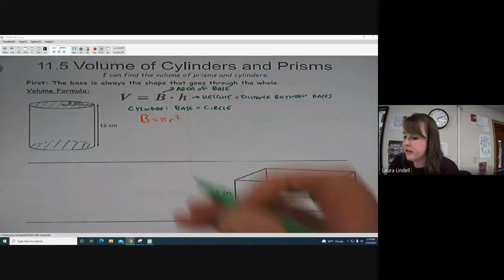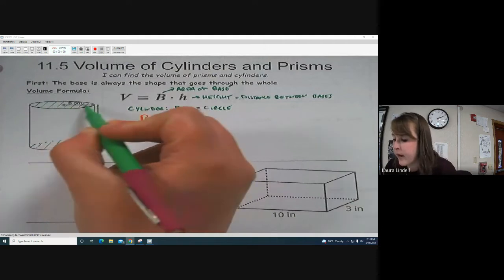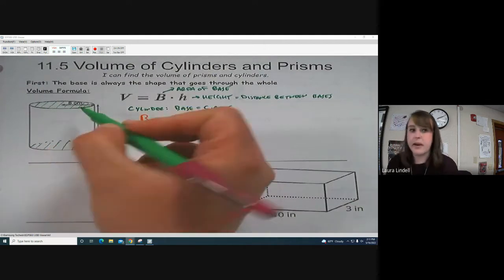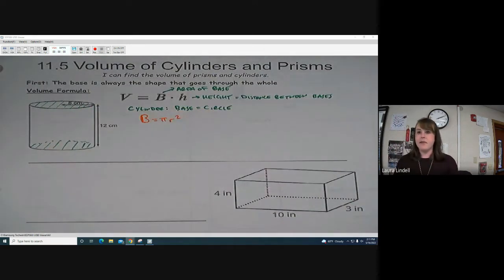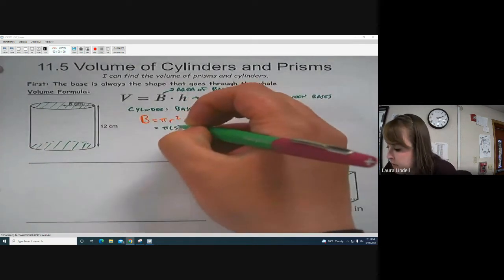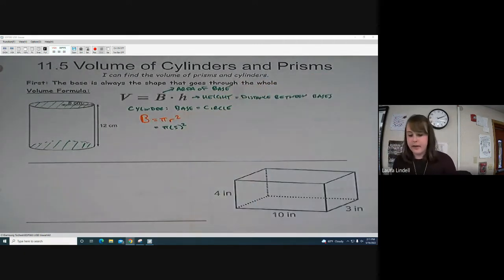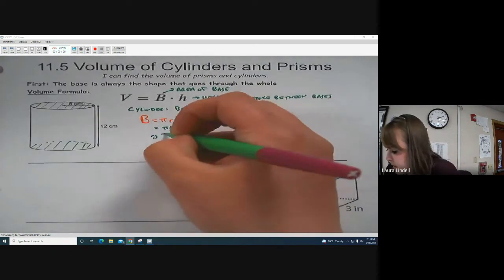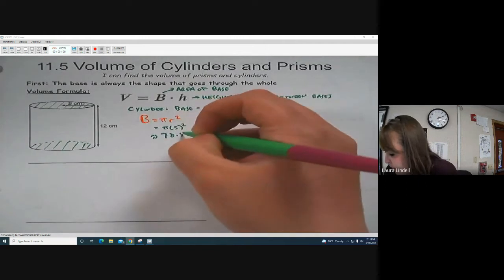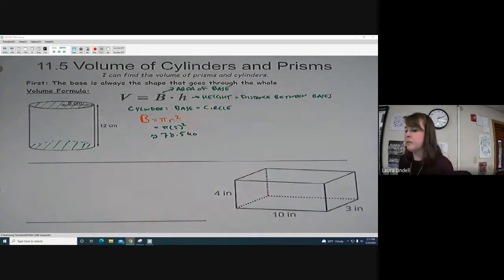In this case, if we look at the circle that we get here on top, the radius is 5, since the radius is that distance from the center to the edge. So we get pi times 5 squared, which you'll probably want a calculator for. Pi times 5 squared is approximately 78.540 if we round to at least 3 decimal places.